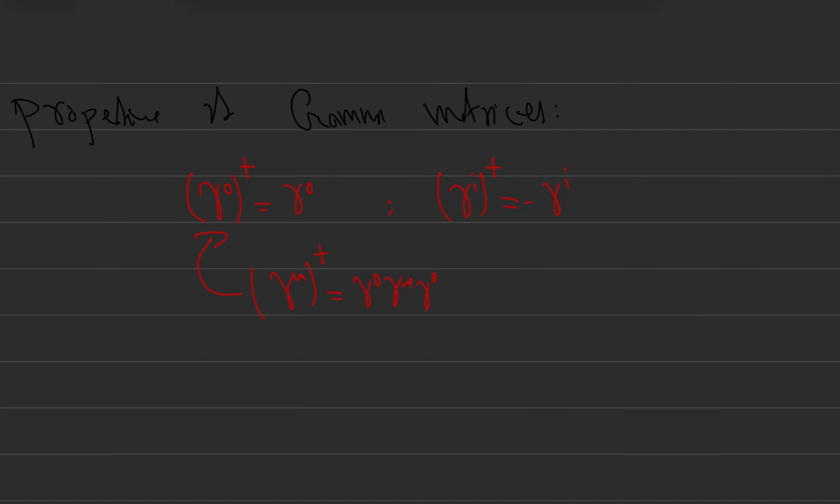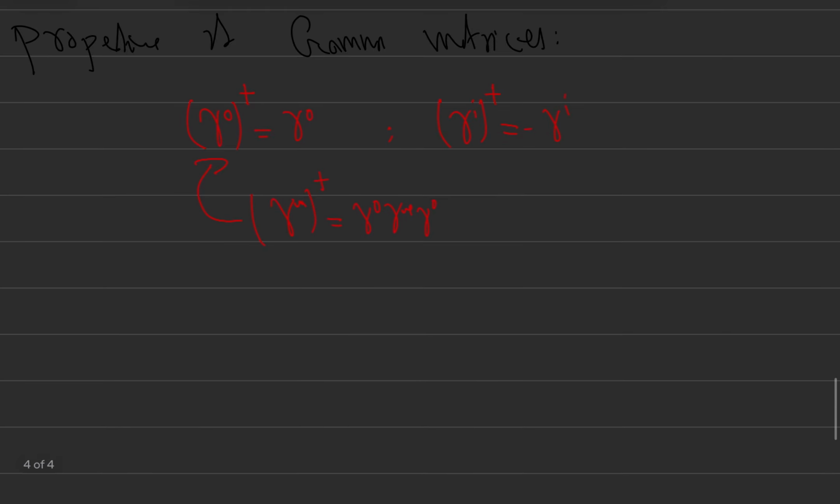Then another property that we have is the traces. Let's see what the traces of the matrices are. We know that the trace of any Pauli matrix is 0, and by consequence the trace of any gamma matrix is also 0, except for the identity matrix, of course.